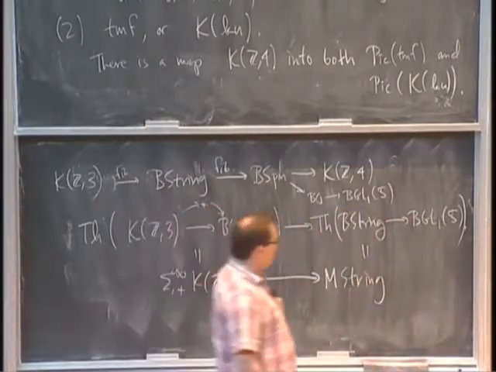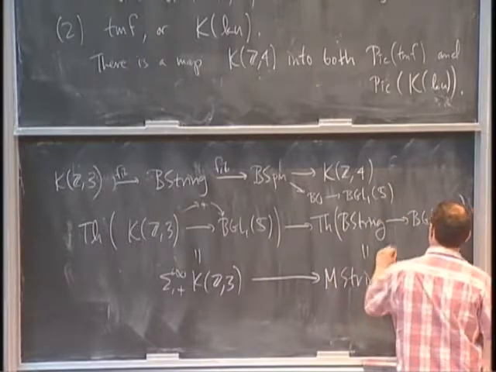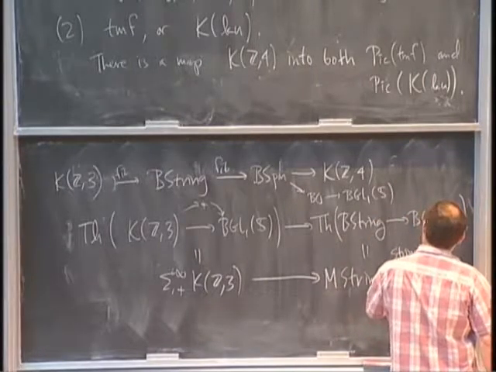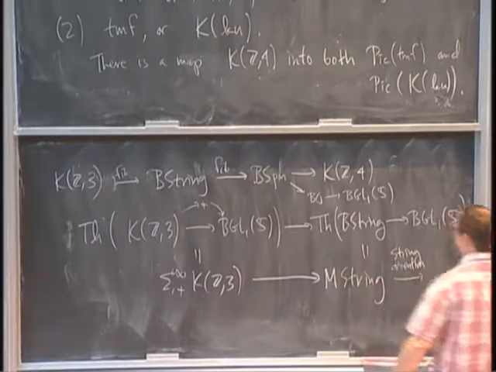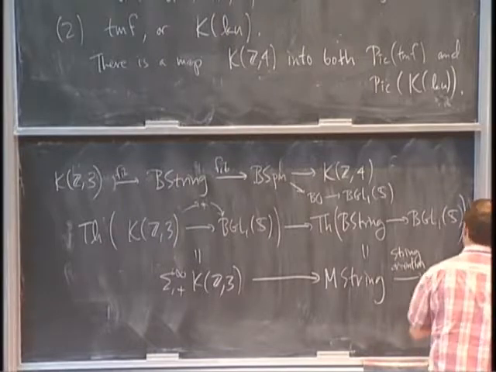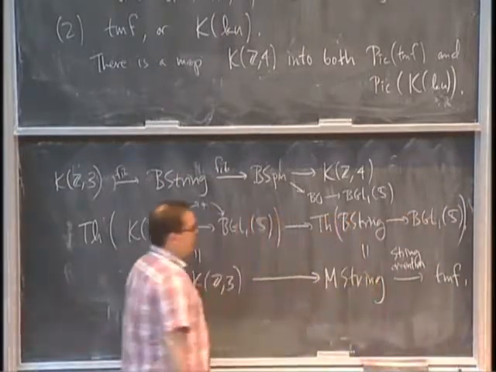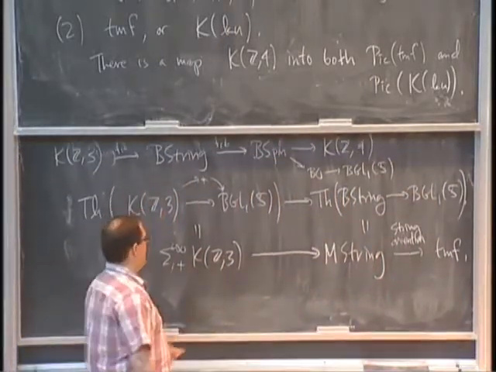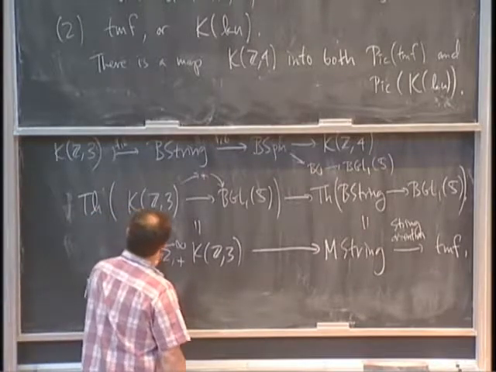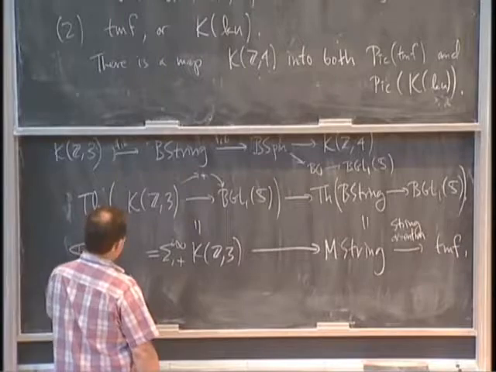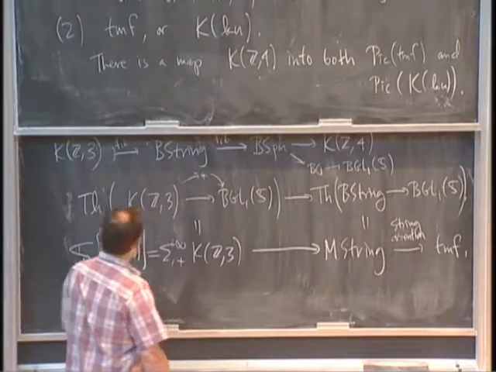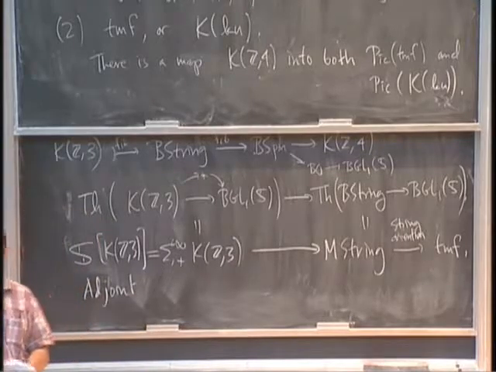And this maps then, via the string orientation of Ando, Hopkins, and Rezk, into TMF. So this is adjoint. Maybe to be consistent with my previous notation, I should have written this as the group ring S adjoin KZ3.